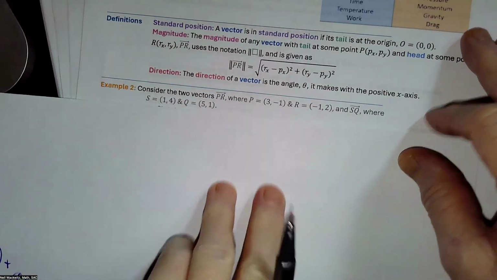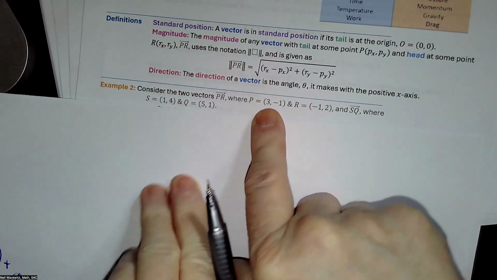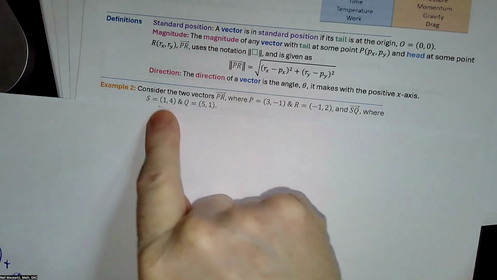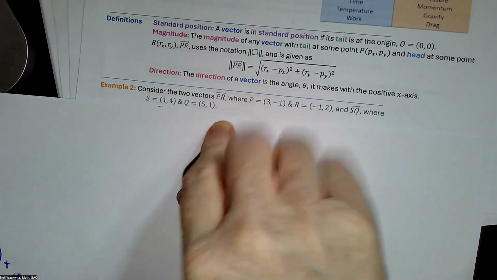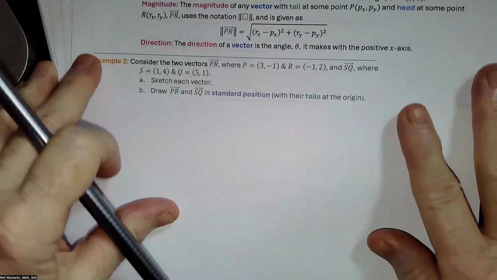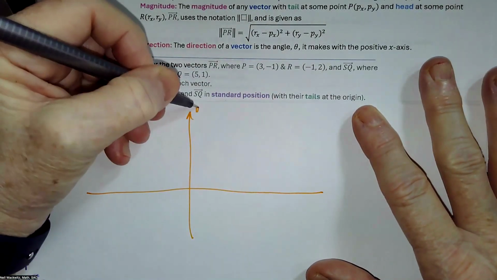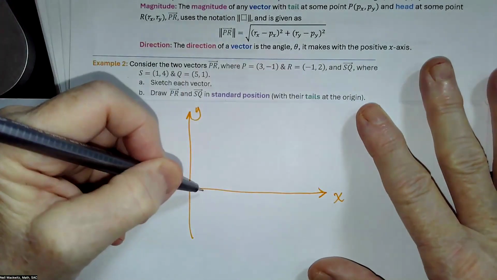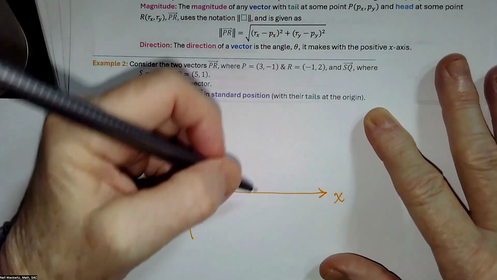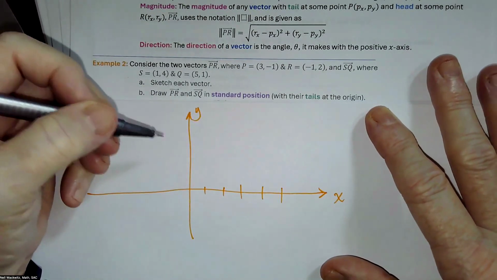All right, let's look at two vectors where PR is 3, -1, -1, 2, and SQ is 1, 4, 5, 1. And they want us to sketch the vectors. What's the largest X? X is 4. And the largest Y is 5. Oh, no, backward.